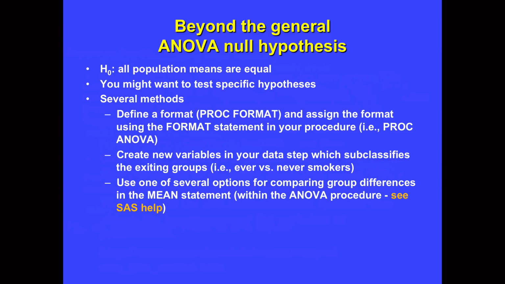It's actually a reasonable comparison here because it looks like most of the variability is explained by being an ever smoker versus a never smoker in this made-up data set. And there are also several options available within the mean statement that will allow you to do various pairwise comparisons. And we'll talk about that in a moment.